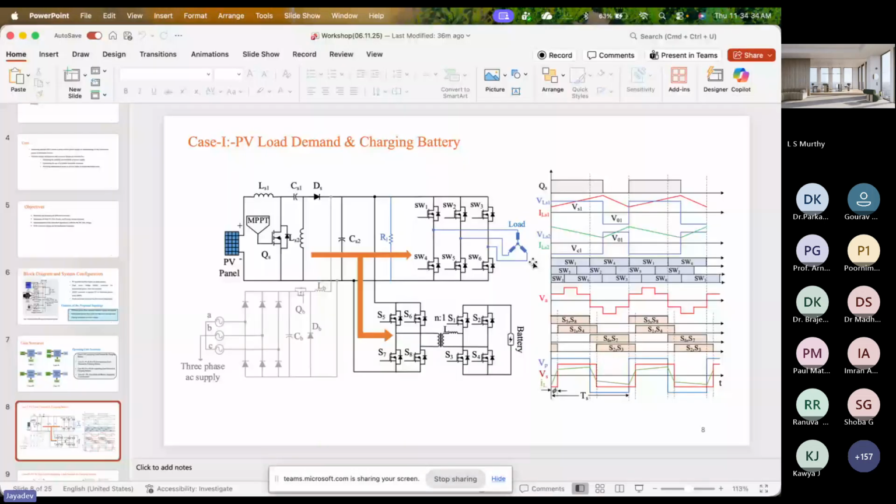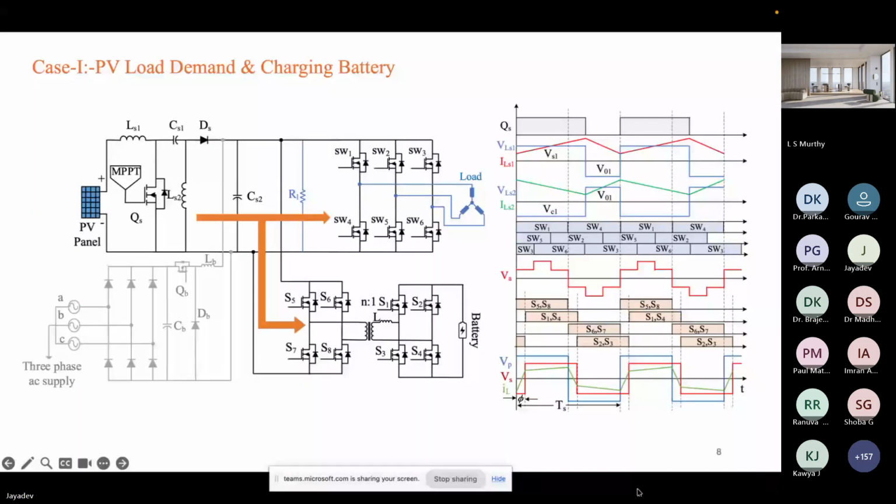Is it visible now? Yes, sir. Now it's visible, but not in full screen mode.